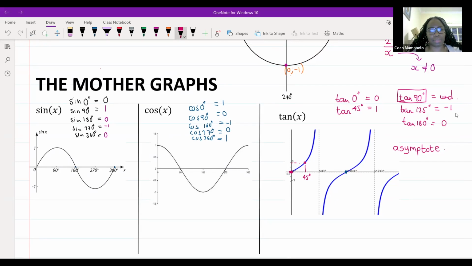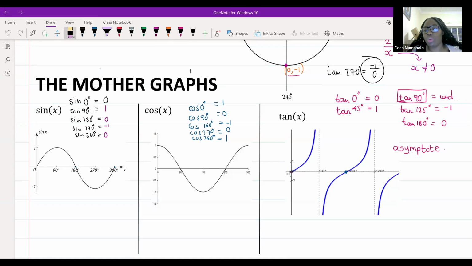Where are we seeing it? 270 degrees. 100% at 270 degrees. Because down here, tan of 270 degrees is equal to my y value, which is -1, over my x value, which is 0. Again, I'm going to get an undefined value. So that's why we have this asymptote at 90 degrees and that asymptote at 270 degrees.